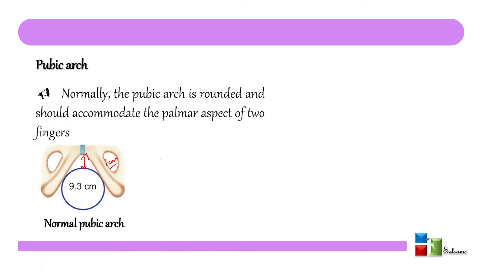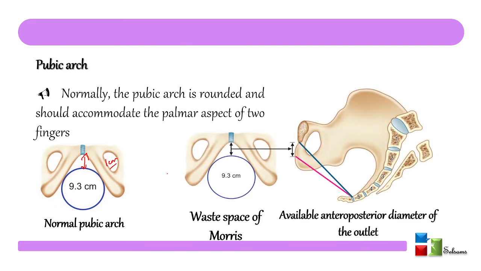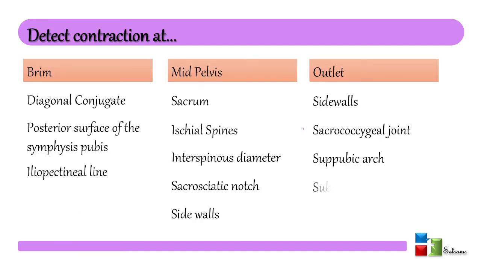It normally admits 2 fingers, but if it admits 3 fingers, it is adequate for the outlet. This is the Base of Morris, between the upper border and the lower border of the symphysis pubis. This is the symphysis pubis, and this will be the space at the lower border of the symphysis pubis, and it will normally be 1 centimeter. It should not be more than that.